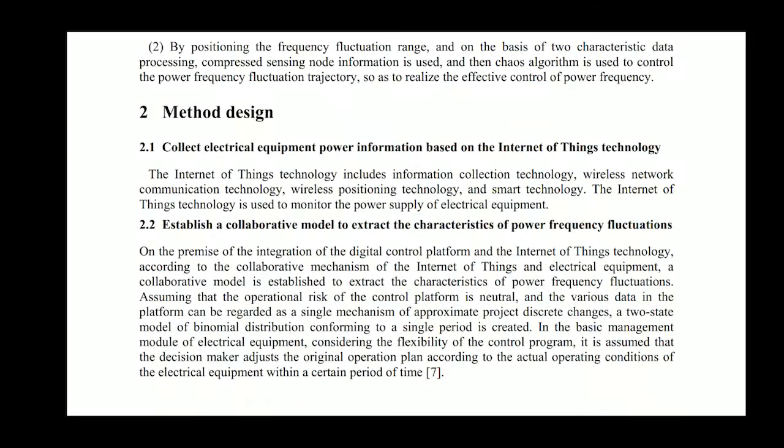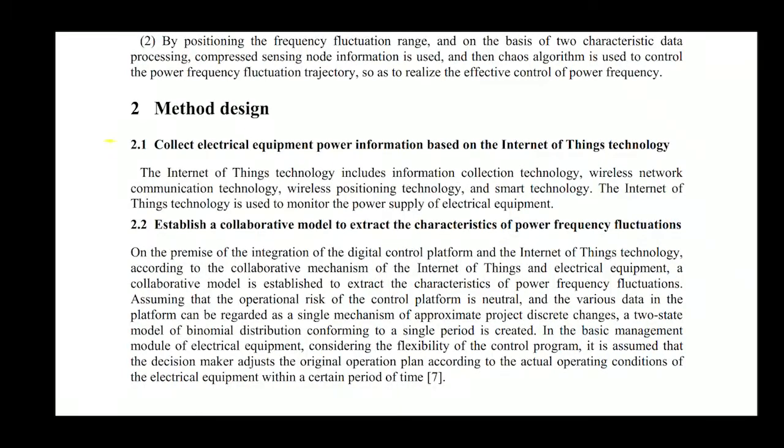By locating the frequency fluctuation range and on the basis of two characteristic data processing, node information is used, and then the algorithm is used to control the power frequency fluctuation trajectories so as to realize the effective control of power frequency.